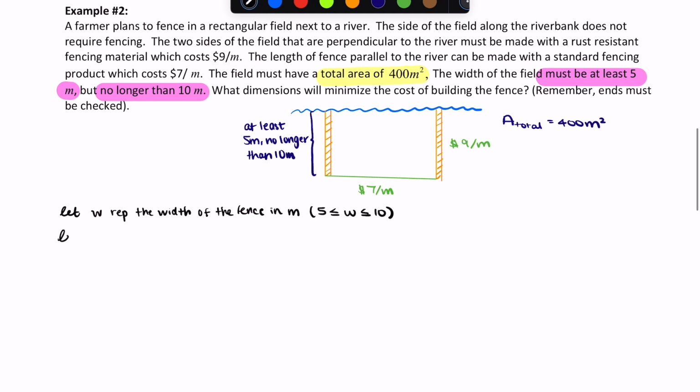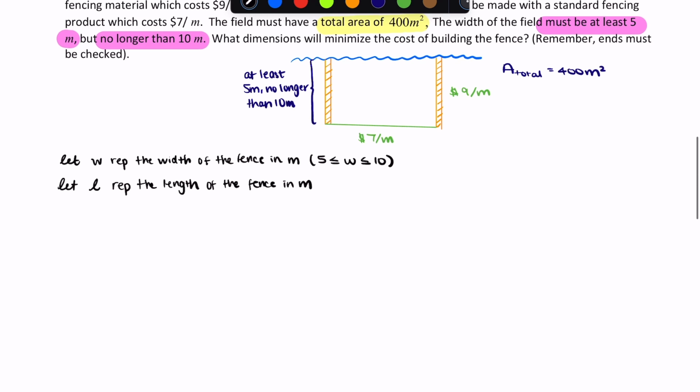Let L represent the length of the fence in meters. We'll let C represent the cost of the entire closure.